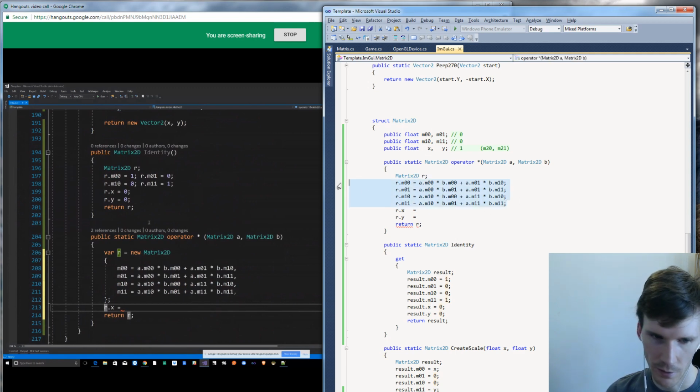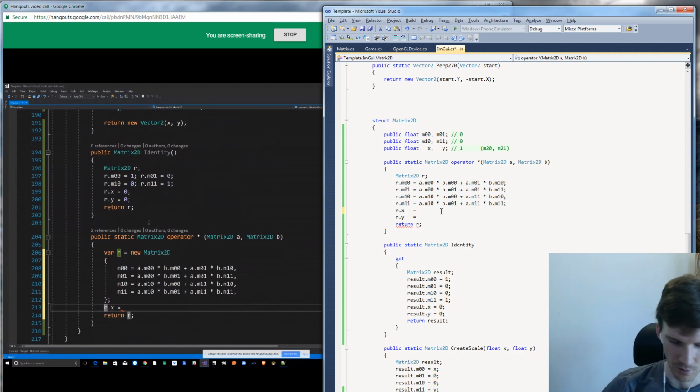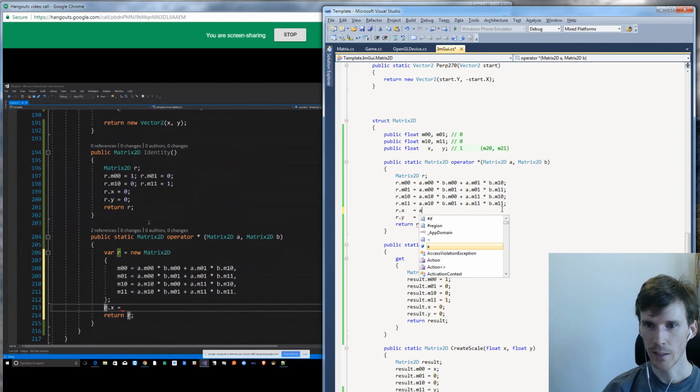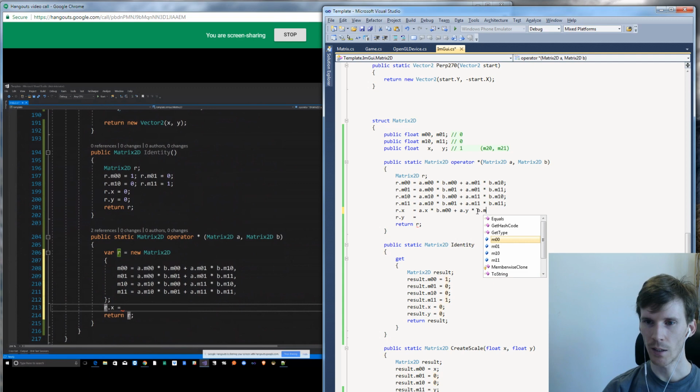So just to smash forward through the maths, I should have actually opened up my code for this to be absolutely sure. But these last ones, let's work these out. So this is across, and down. So we are a dot x times b dot m 0 plus a dot y times b dot m 1.